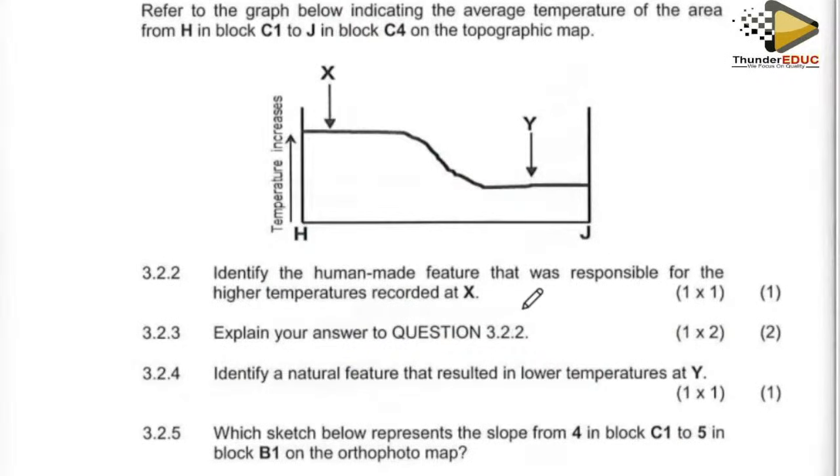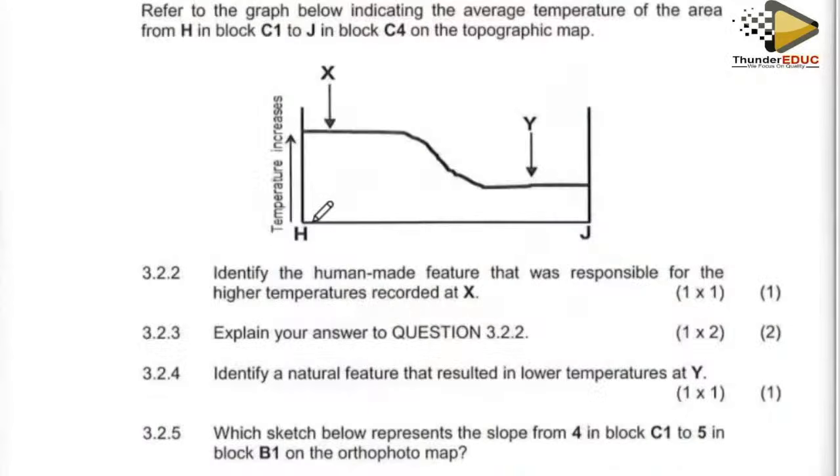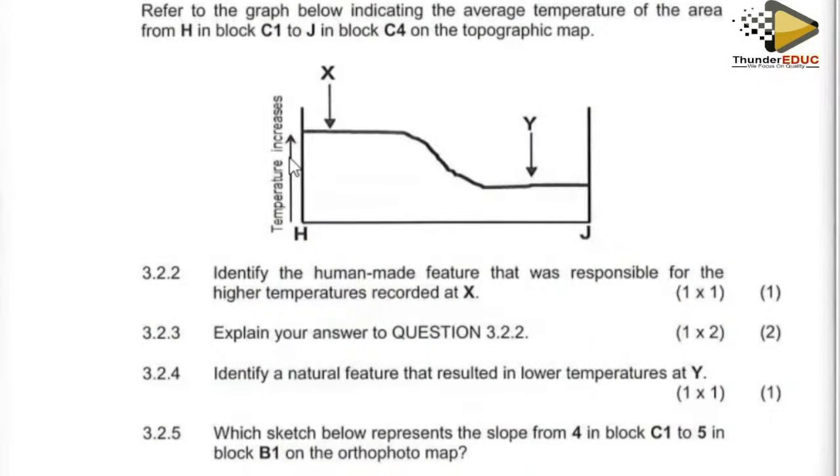What do they say? Identify the human activity or the human feature that was responsible for the higher temperatures recorded at X. Okay, we go to X. And according to X here, X is H. So H is here. Why do we have higher temperatures here? So we have higher temperatures because that area is a built-up area. Built-up area.